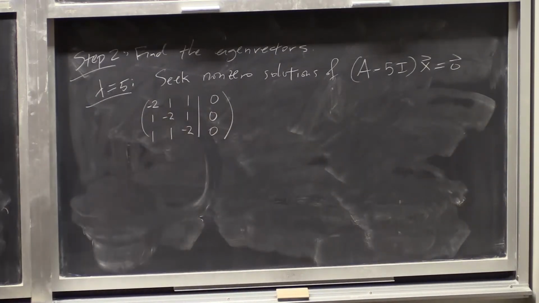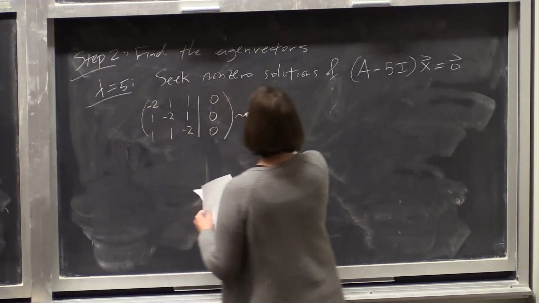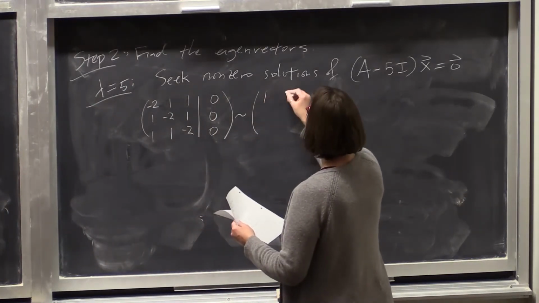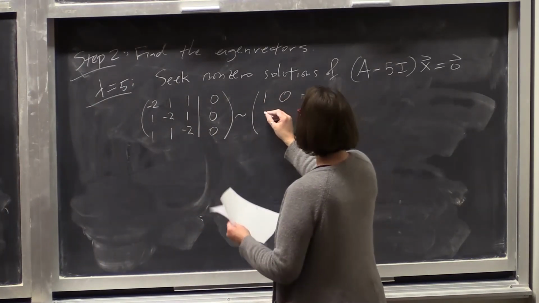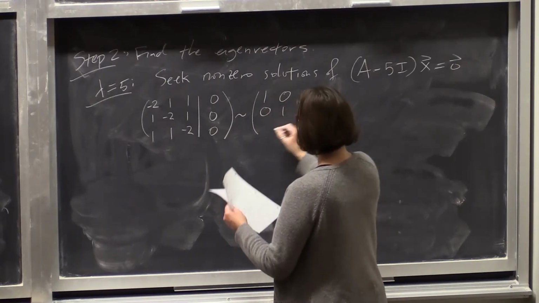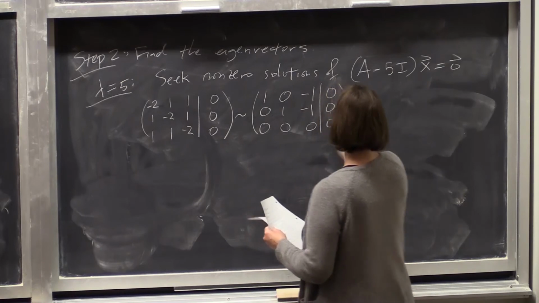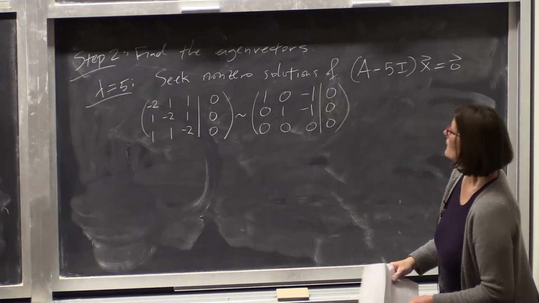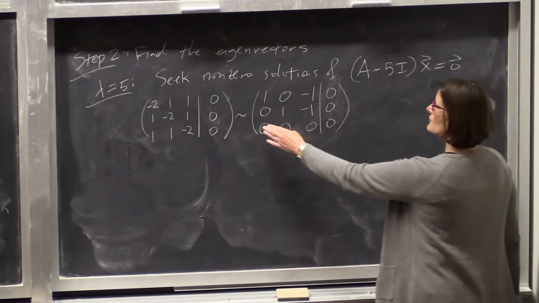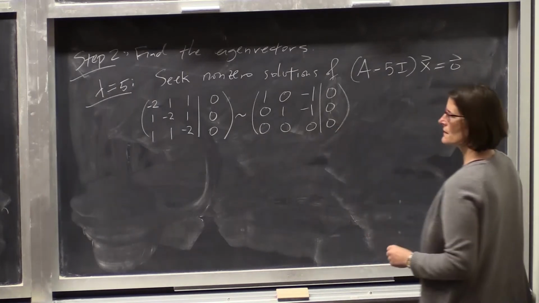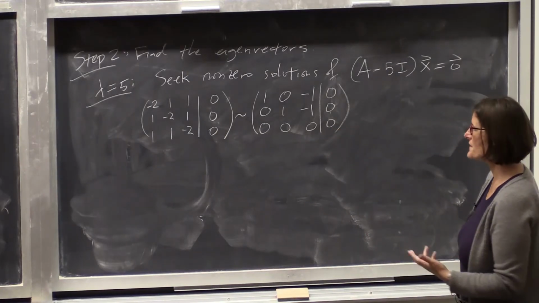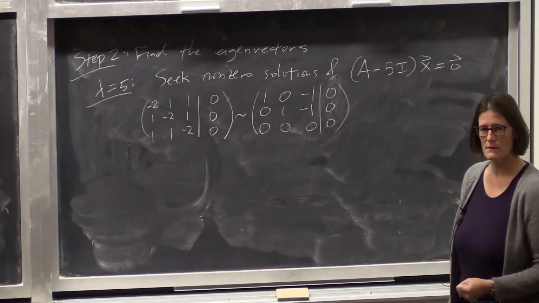Now, in the privacy of my own office, I get that this is row equivalent to 1, 0, minus 1, 0; 0, 1, minus 1, 0; 0, 0, 0, 0. The fact that I have a row of zeros tells me, first of all, that there will be a non-trivial solution.